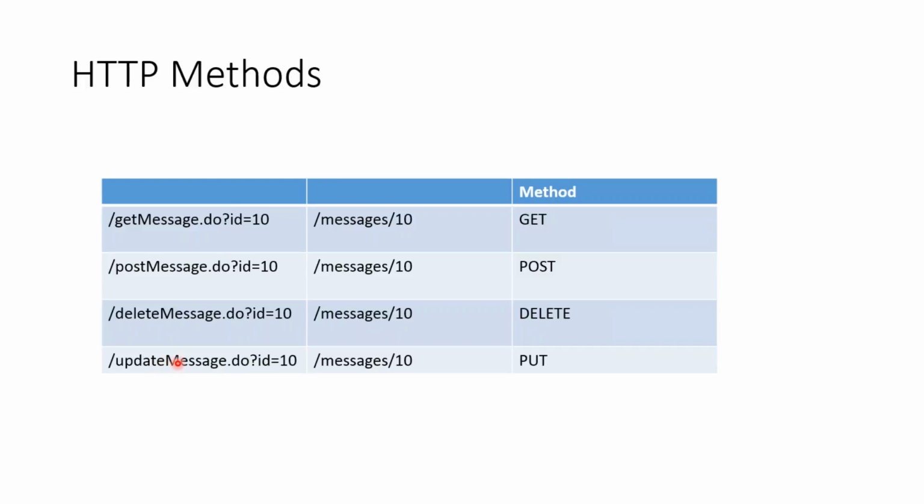So in short, you have got 4 operations, CRUD: create, read, update, and delete. For create, you will be using post, for update, you will be using put, and for delete, you use delete. If you want to create a resource, you will use post.